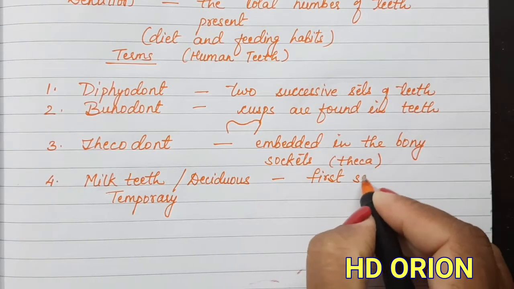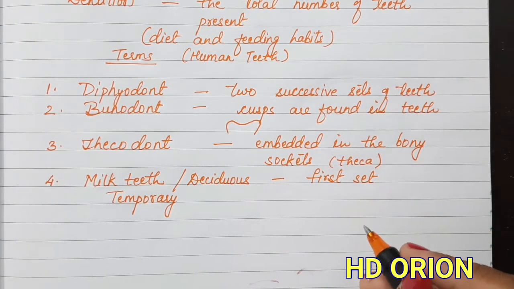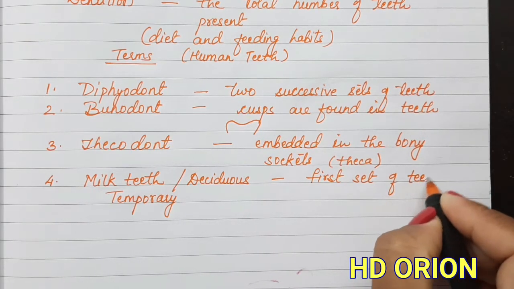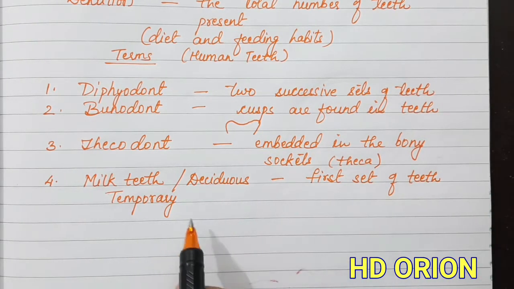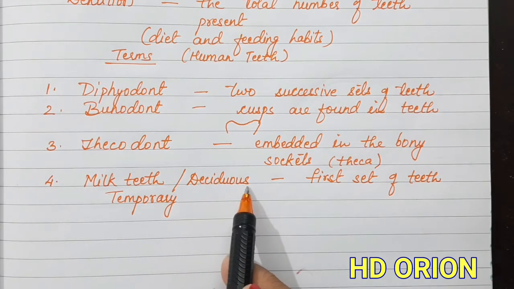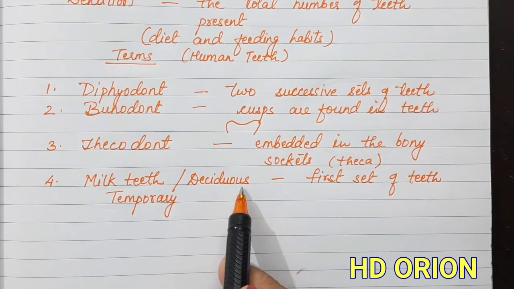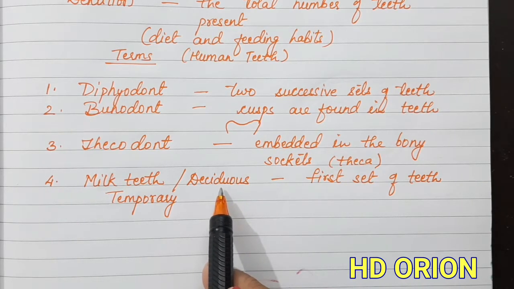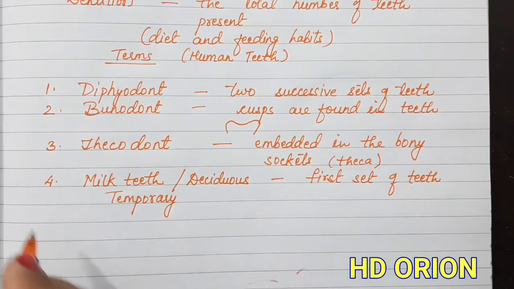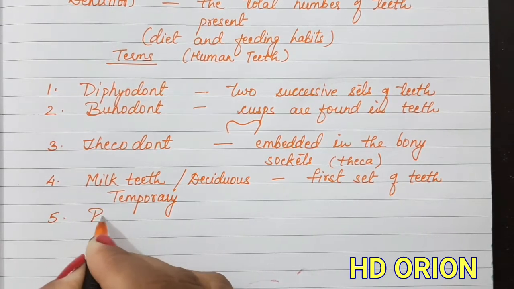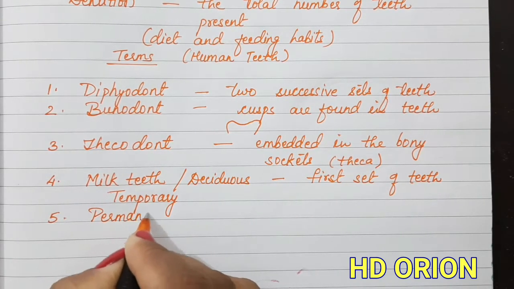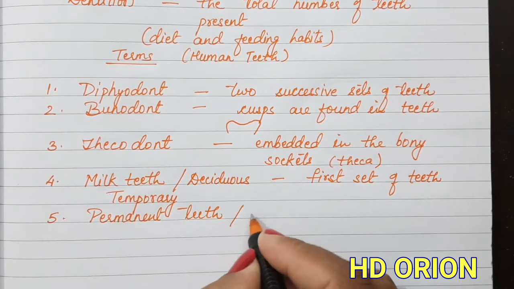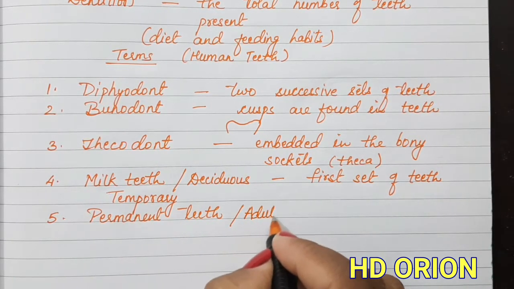As we discussed, in human life there are two successive sets of teeth. So this one is the first set of teeth, and this will then fall off. Therefore the term deciduous, as in deciduous trees, because the leaves are shed. So here the teeth are gone, and then they are replaced by a new set of teeth, which we call the permanent teeth or the adult teeth.